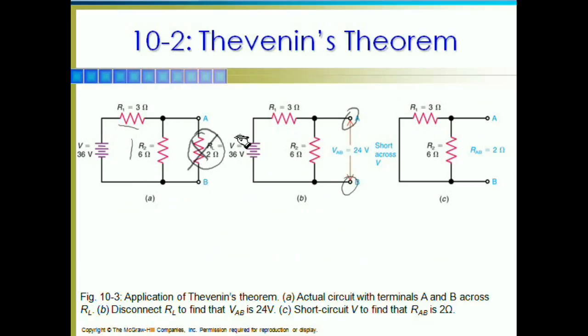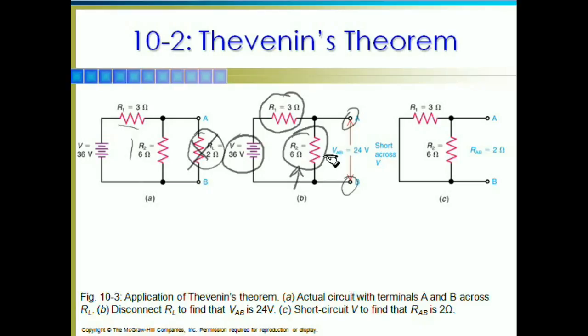So in this case, we've got a voltage source of 36 volts. We've got a voltage divider of a 3 ohm and a 6 ohm resistor. Well, just by observation, you can see the 6 ohms will take up 2/3 of the total resistance.